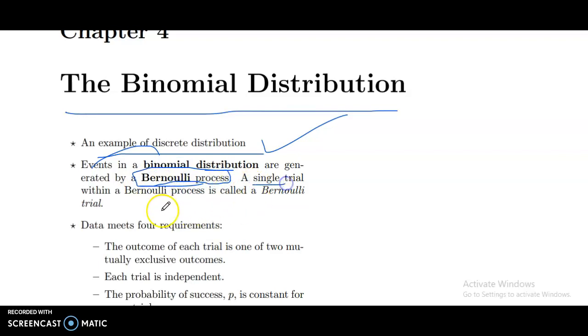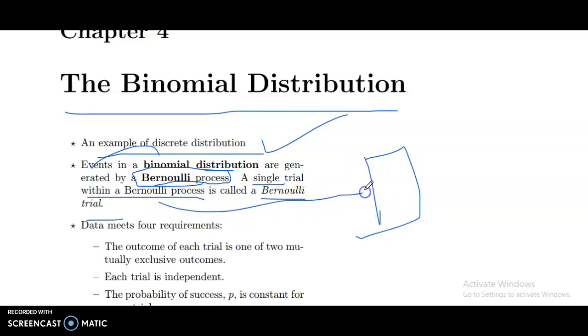A single trial within a Bernoulli process is called a Bernoulli trial.